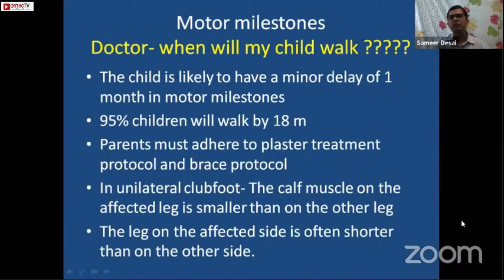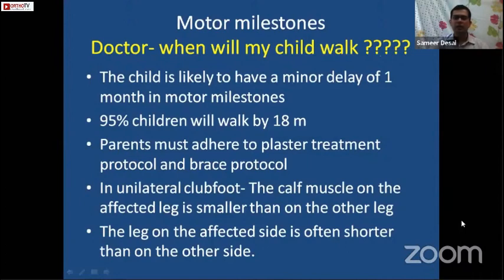And then the final question that all the parents ask is, doctor, when will my child walk? Will my child walk normally? We did a study on gross motor milestones in children, and we found that the child is likely to have a minor delay of 1 month in motor milestones, and that 95% of the children will walk by 18 months, and parents must adhere to the plaster treatment protocol and brace protocol.